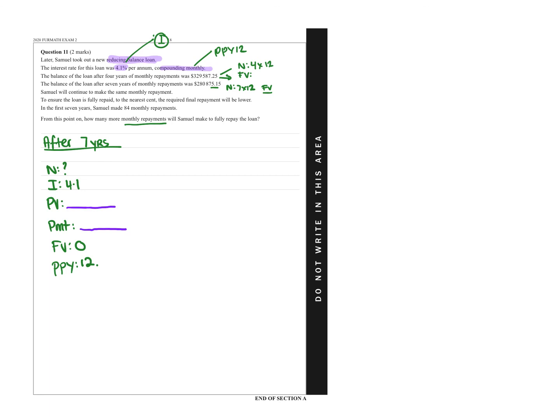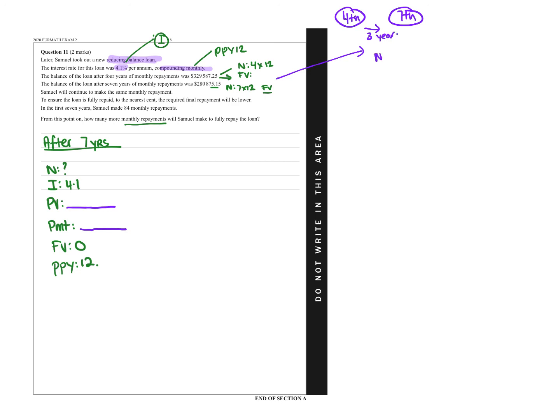So for our missing things, we're going to use these two scenarios. I'm going to pretend that I'm going between the 4th and the 7th year, and that the 4th year is like the beginning and the 7th year is like the end. So really, we have 3 years in there.